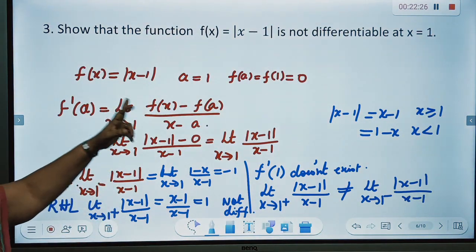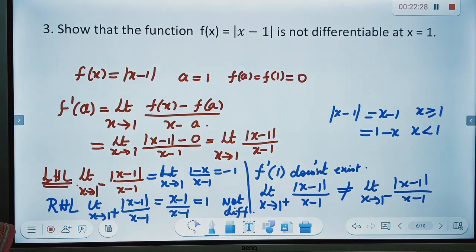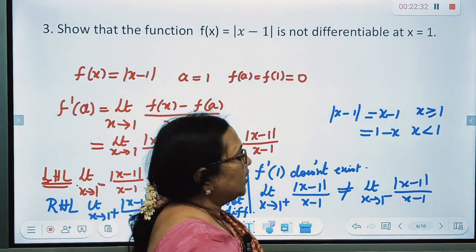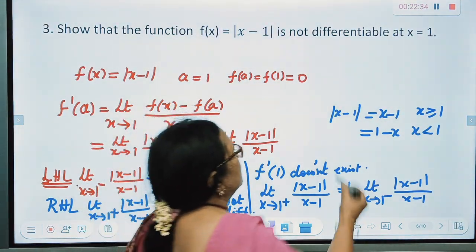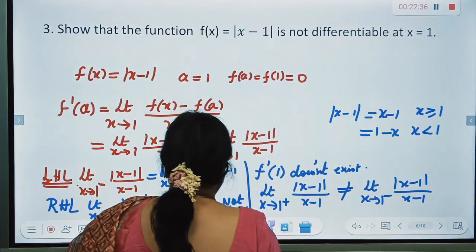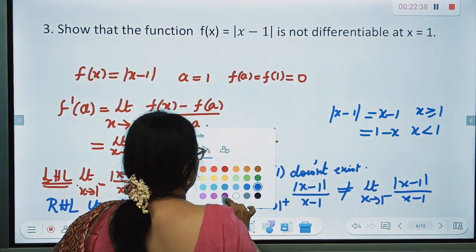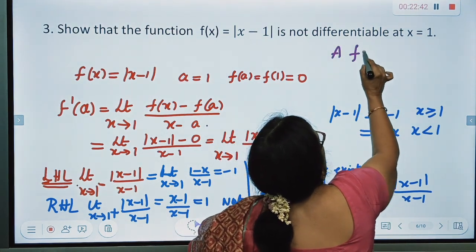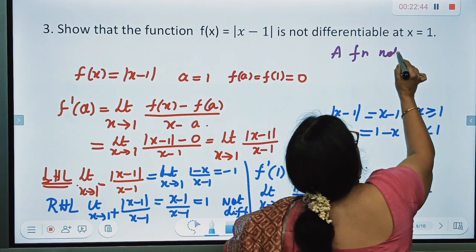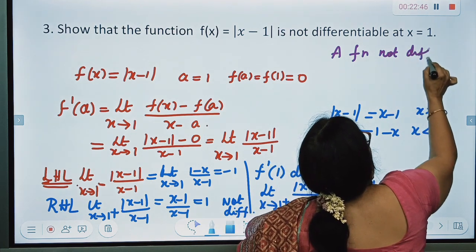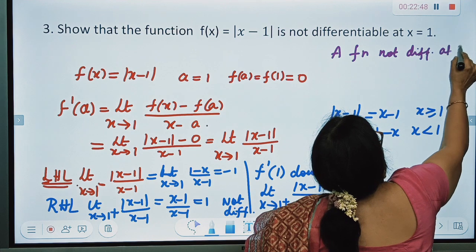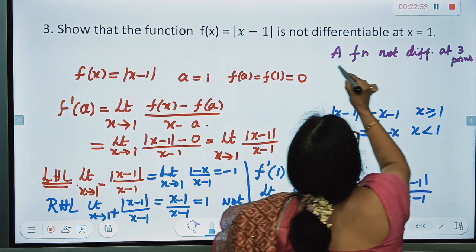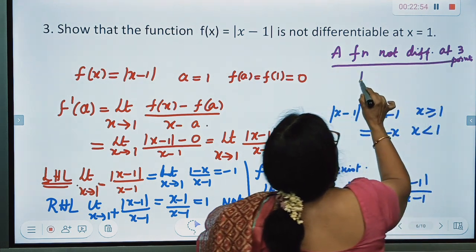So we saw modulus of x minus 1 is not differentiable. So if I want you to construct a function which is not differentiable at 3 points, then all that I need to do is make my own function.